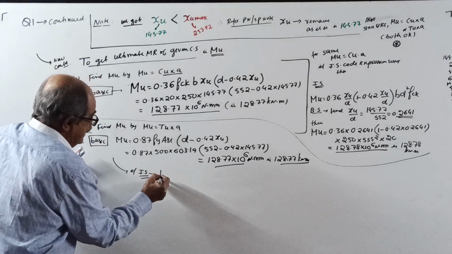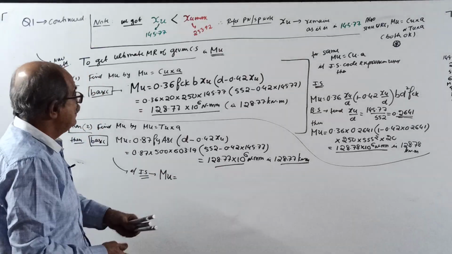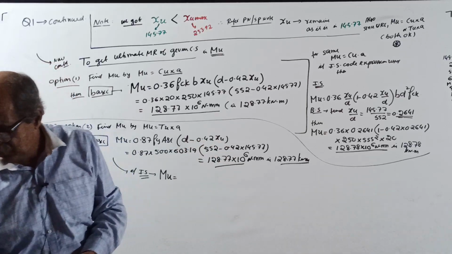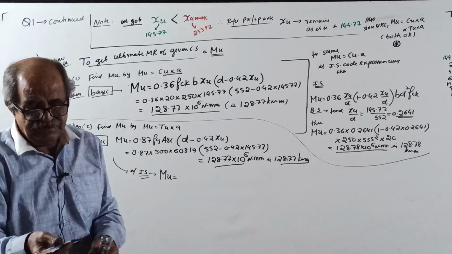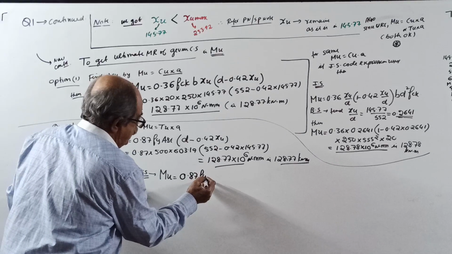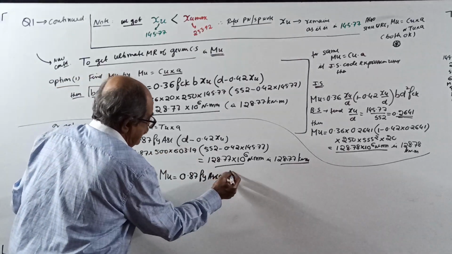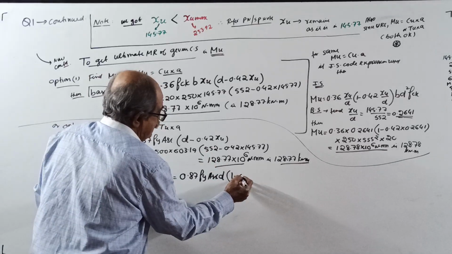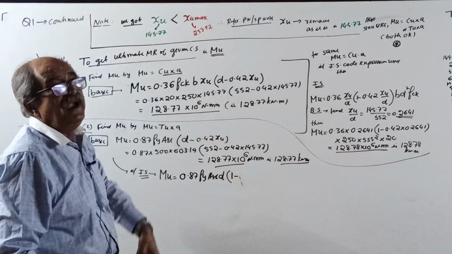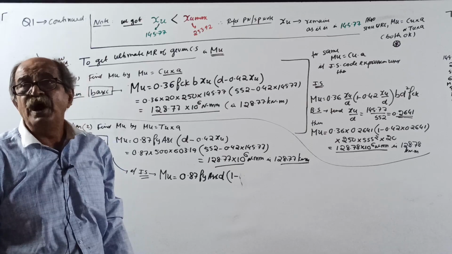Okay. Now, if the IS code version is used, they give it some other way. The IS code gave Mu in terms of tension; they replaced some term here, simplified it, and got another format. There is a reason for it, which I will tell in the class. Mu equal to 0.87 fy into Ast, d outside, into bracket 1 minus 0.42 into Xu by d, with 0.87 by 0.36 coming to 1.015.